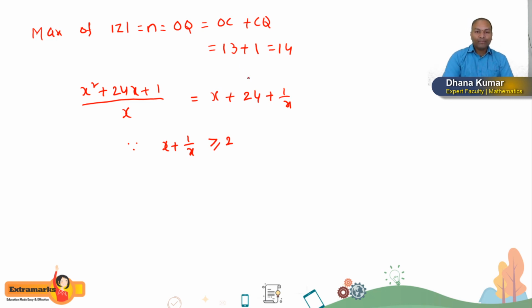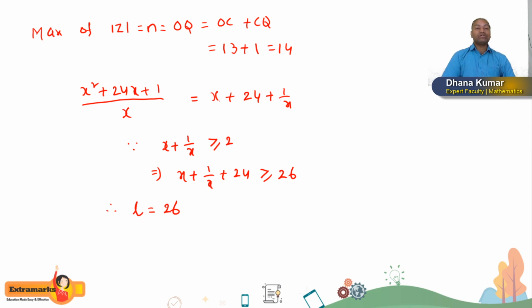Adding 24 on both sides, x plus 1 by x plus 24 is greater than or equal to 26. So 26 is the least value. Therefore, L is equal to 26.